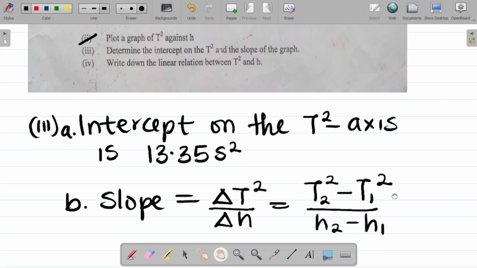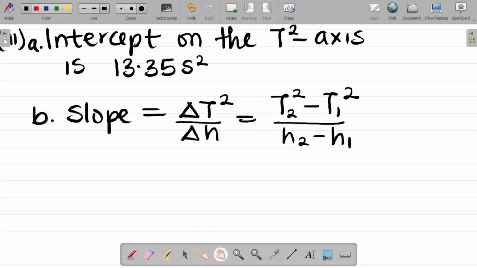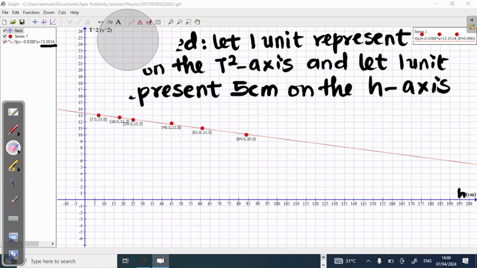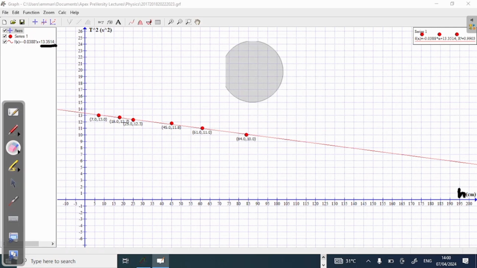All right, so we'll go down and pick up the values of t2, t1, h2, and h1. Let's go get these values. So first things first, let me take these ones off. All right, so I have this.